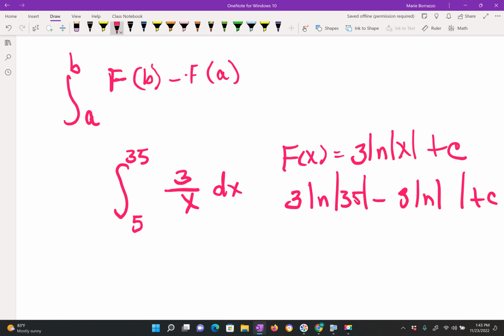Make this a little bit more visually appealing. You can throw it into your calculator and you can solve for this respectively, and I believe this becomes 3 natural log of the absolute value of 35 over 5, which results in 3 natural log 7, which you can evaluate obviously in your calculator.